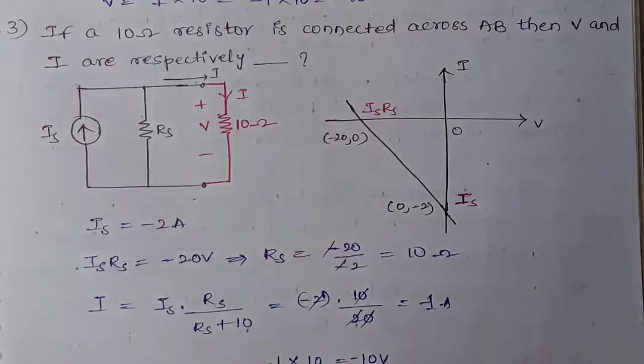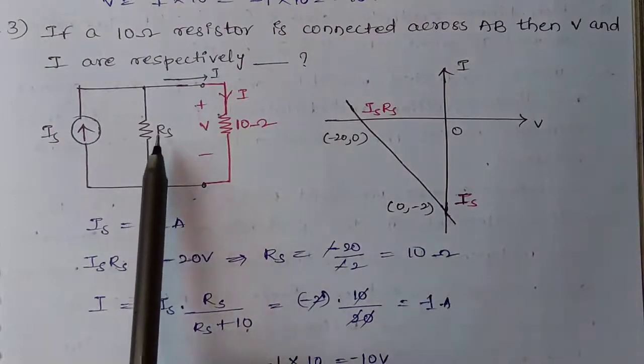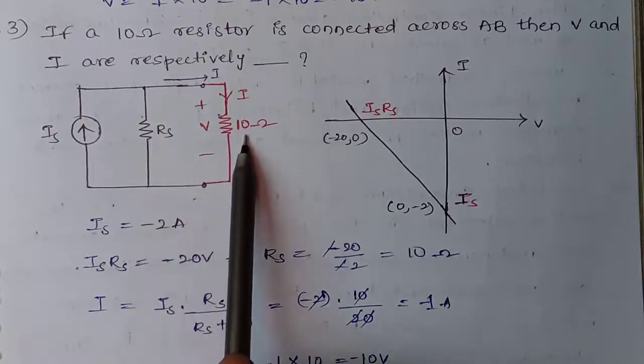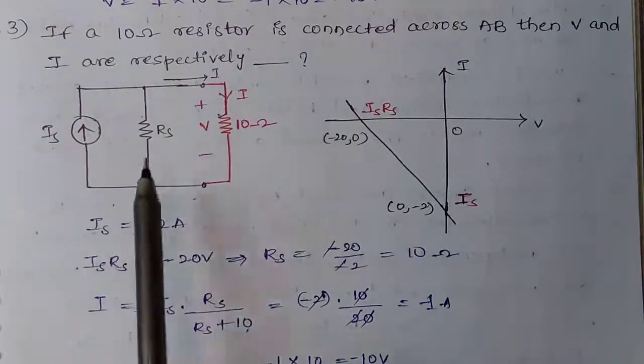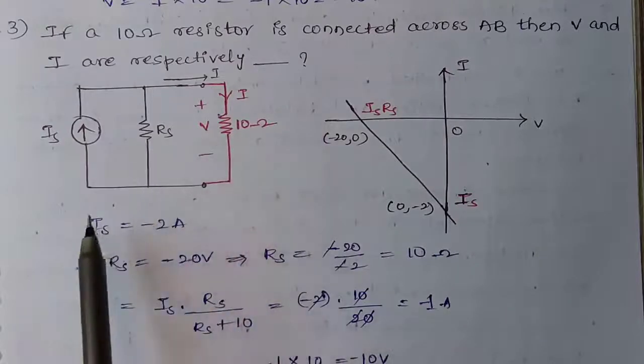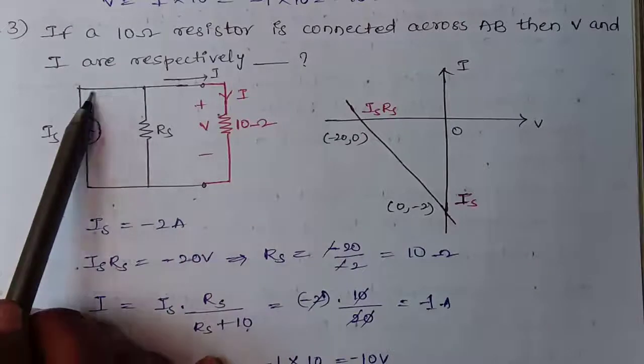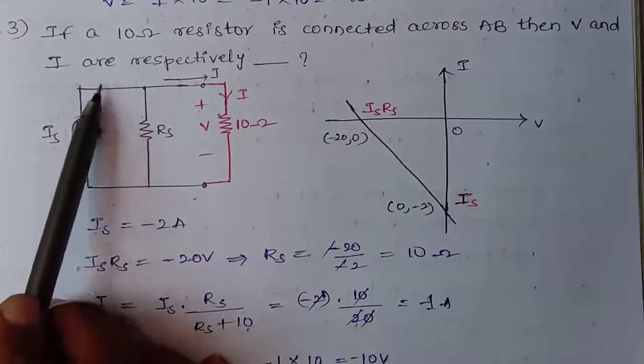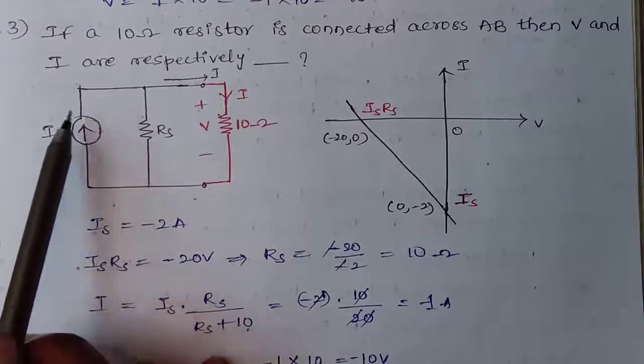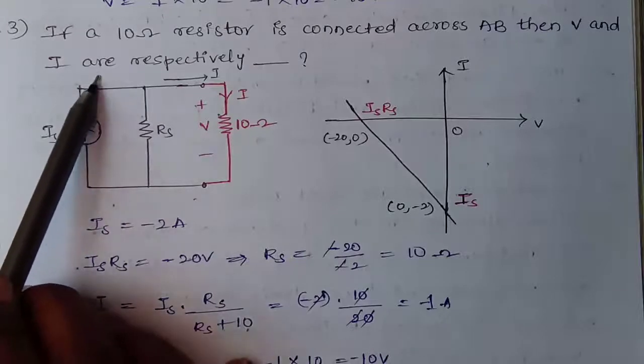You can also find this current value in a simpler manner. We are getting 10 ohms as our internal resistance. That means 10 ohm and 10 ohm are connected in parallel, so the resistances are the same. This current source value is minus 2 amperes, entering into this node.